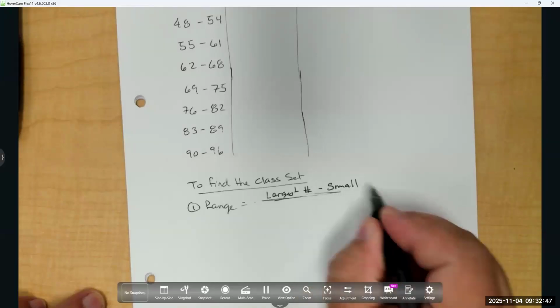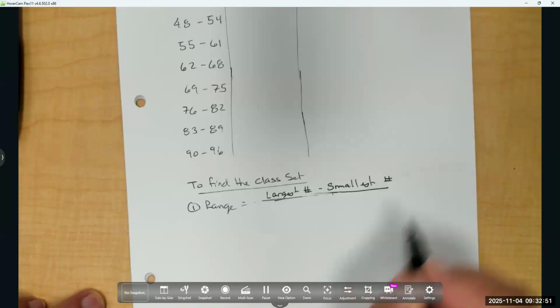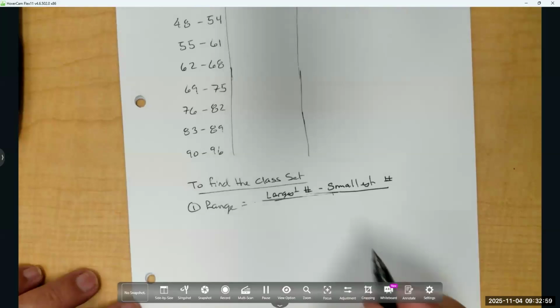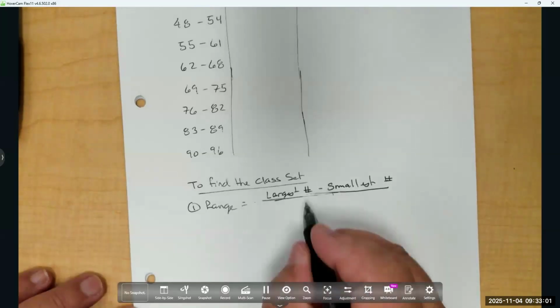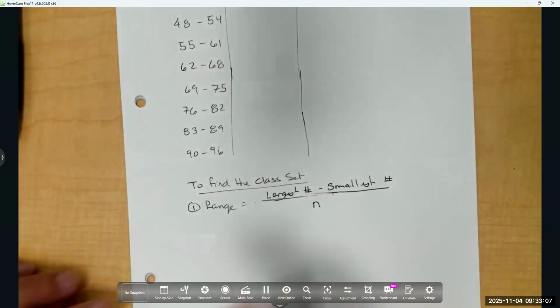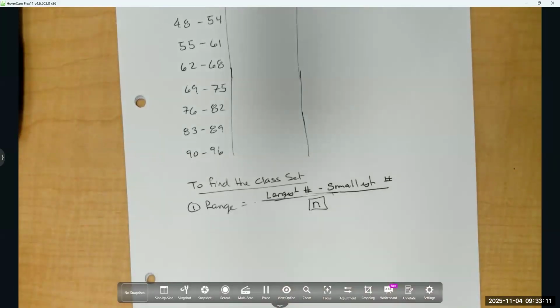Why would it not be plus? Yeah, it defines the average number, not the distance between them. Very good. Because the distance is the difference. And then divide by the number of classes we want. This is the only thing that we have free choice over.